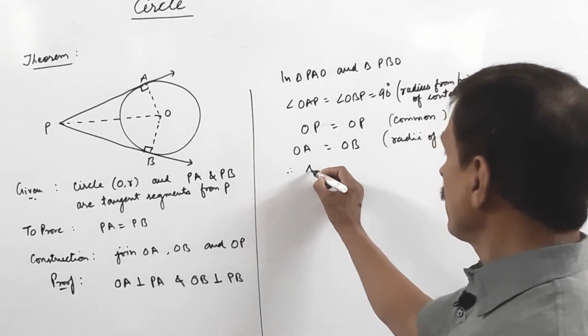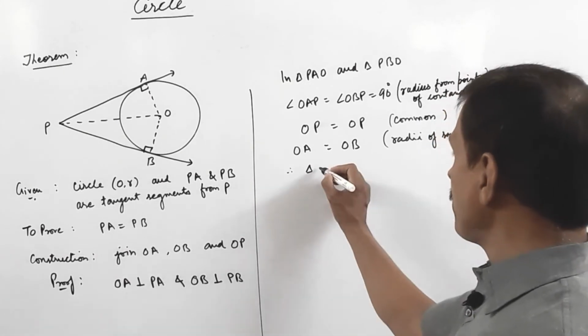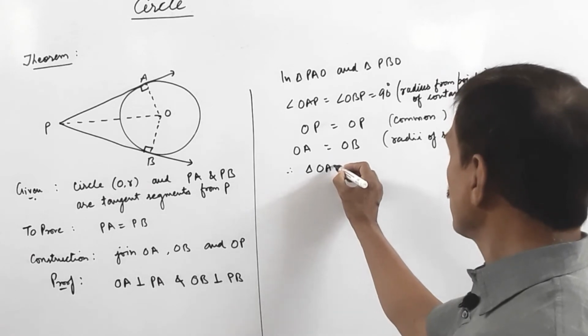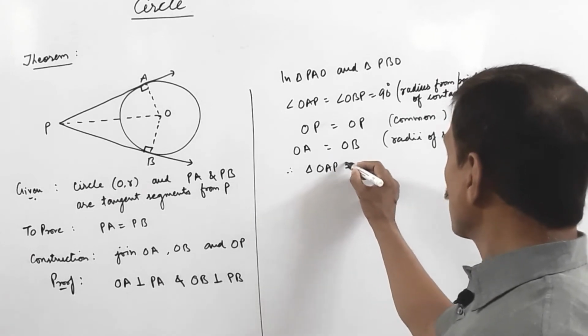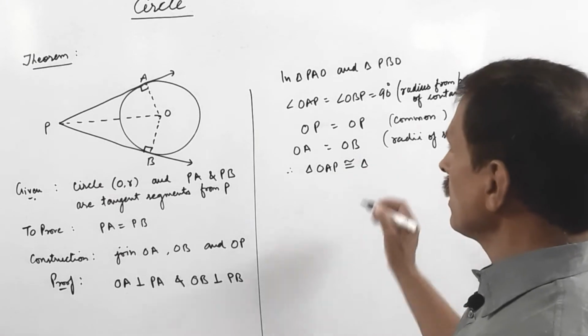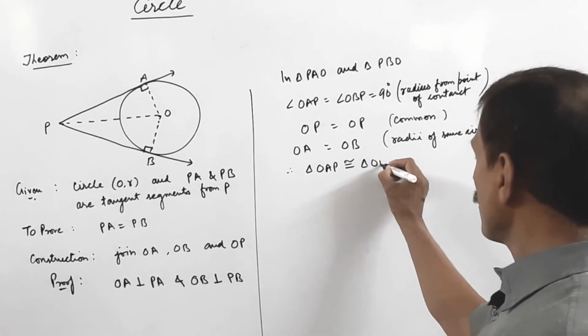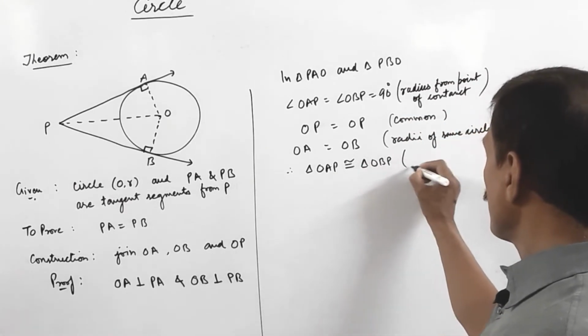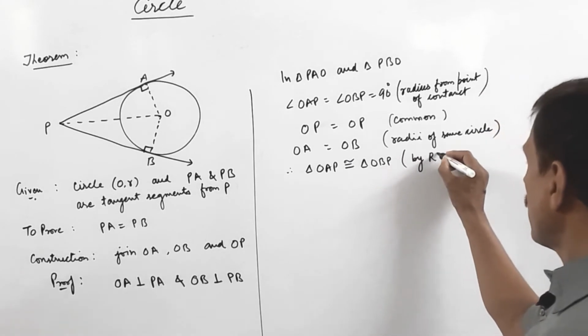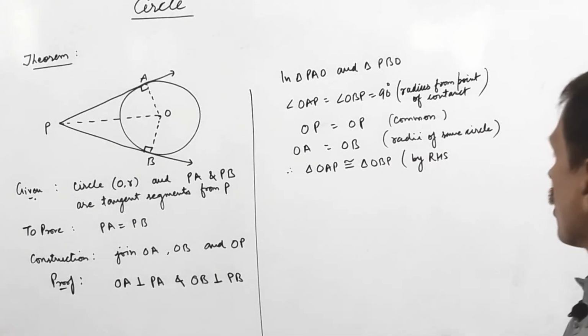Therefore, triangle OAP is congruent to triangle OBP by RHS congruency.